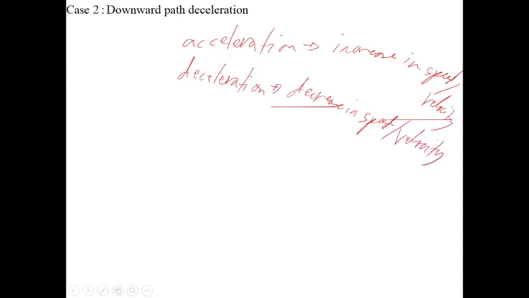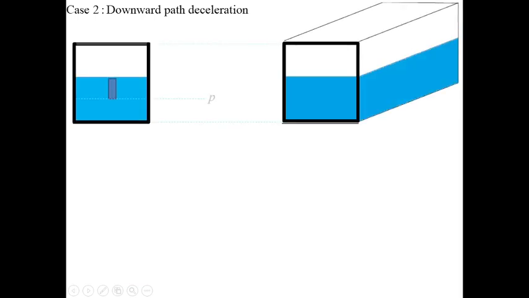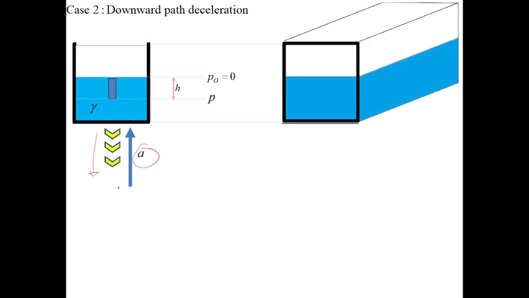In this case, it is still the same tank, but the direction is opposite. The path is downward with the speed decreasing, so the direction of the acceleration is upward, opposite to the direction of the path.